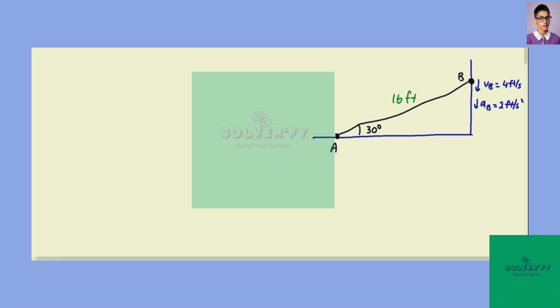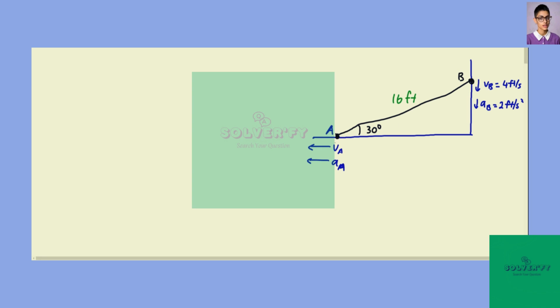We note that VA is to the left. Likewise, the acceleration of point A will also be to the left.